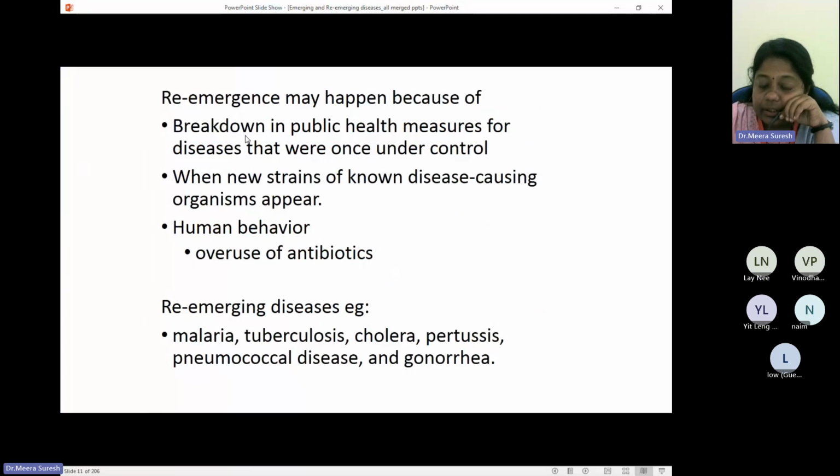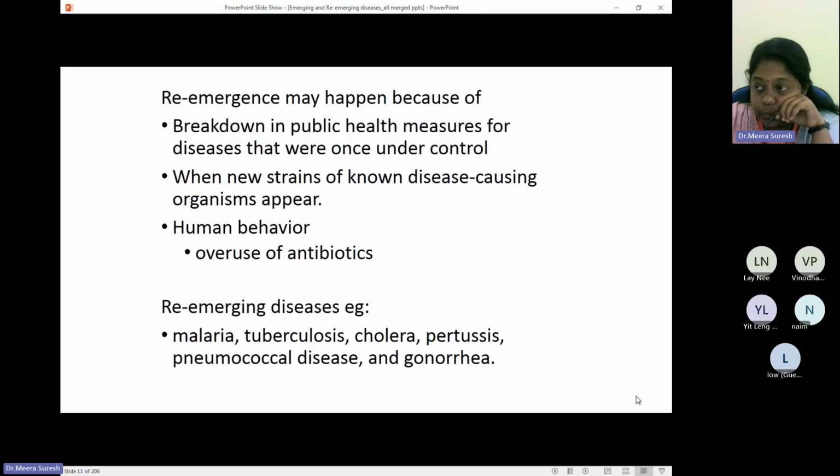This re-emergence can happen when there is a breakdown in public health measures, when new strains of known bacteria or virus appear, and whenever there is a change in human behavior, like overuse of antibiotics. So the organisms that develop will soon be resistant to the existing antibiotics.